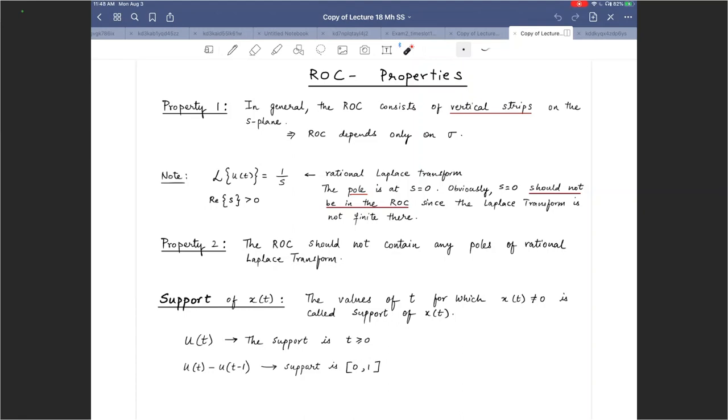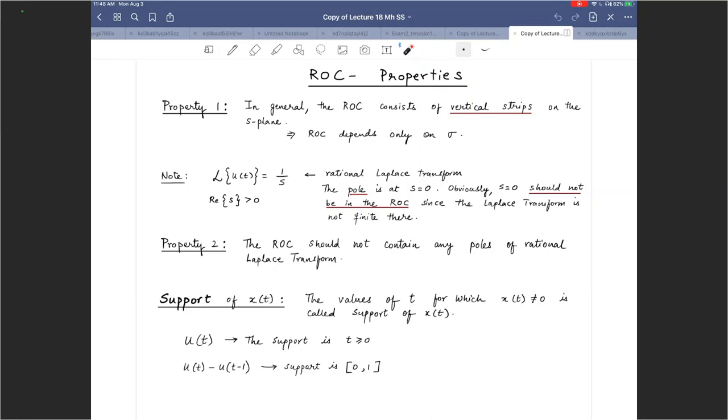Okay, now let's define a new term here, which is called the support of x of t, and it has to do with the time domain view of the signal x of t. The values of t for which x of t is not equal to 0 are called the support of x of t. For example, for u of t, the support is t greater than or equal to 0, because for time less than 0, the function is 0.